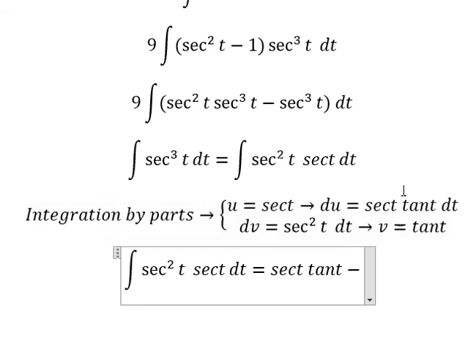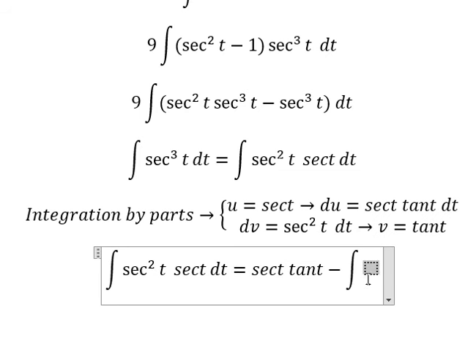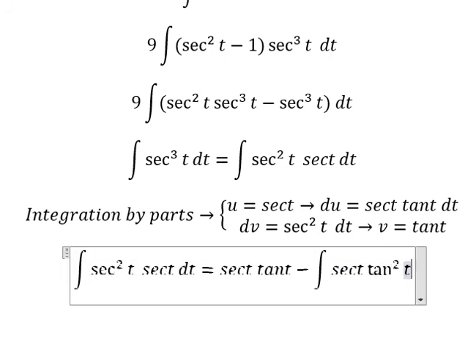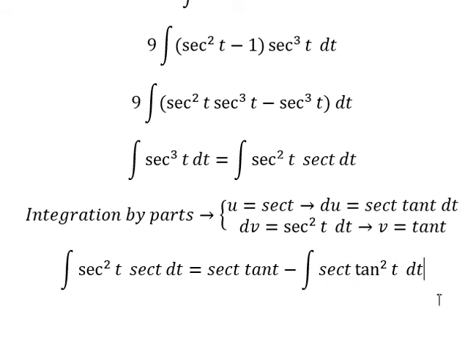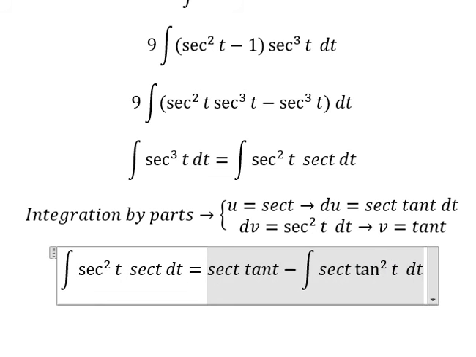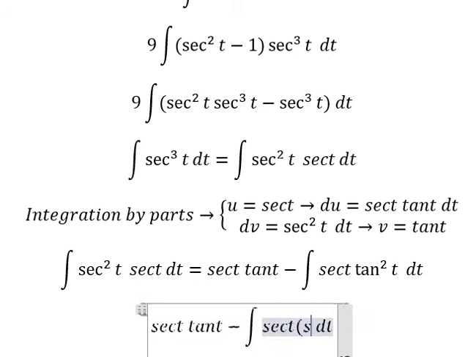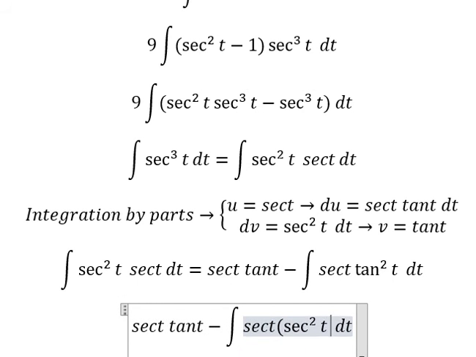So we have du multiplied by v, you get secant of t tan t squared. About this one, we can change into secant of t squared minus 1.